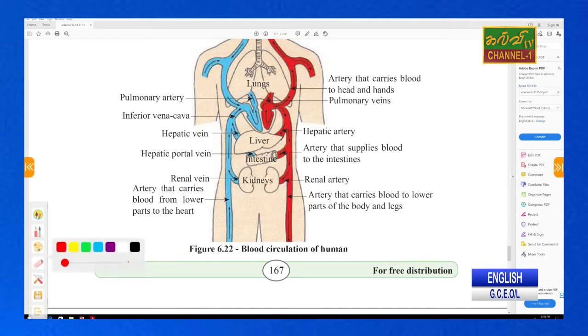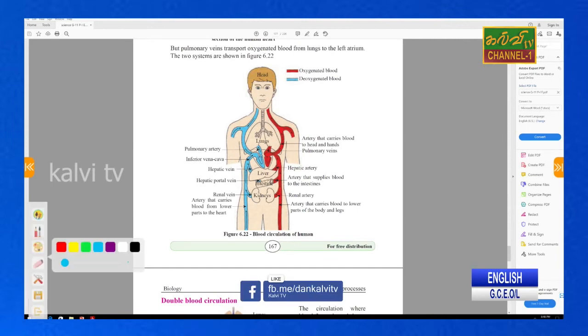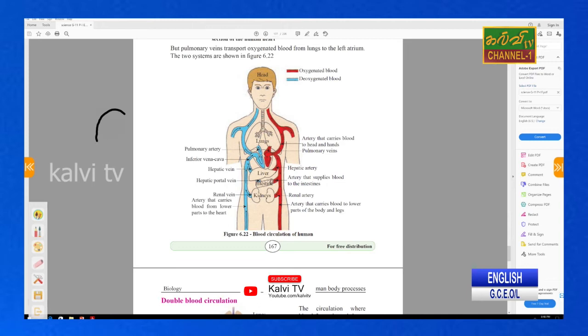Here the blue color veins. See, the heart, right?